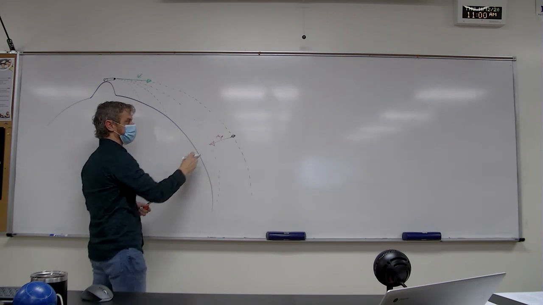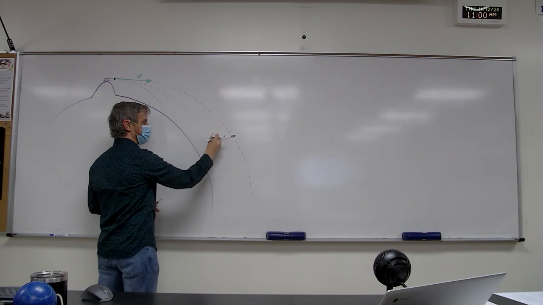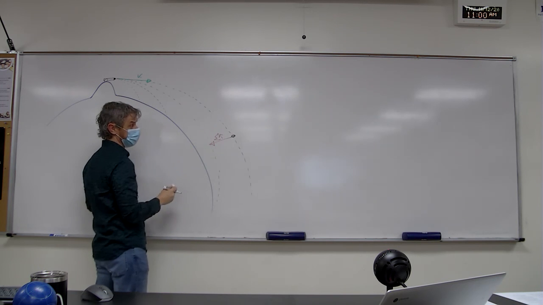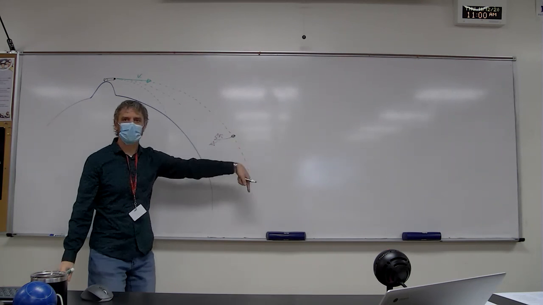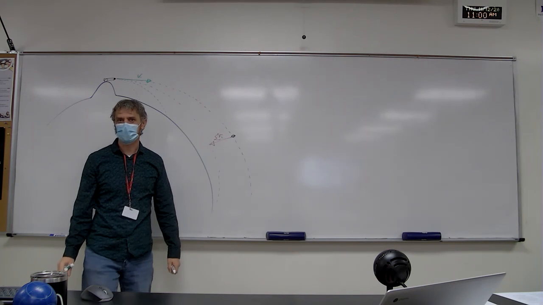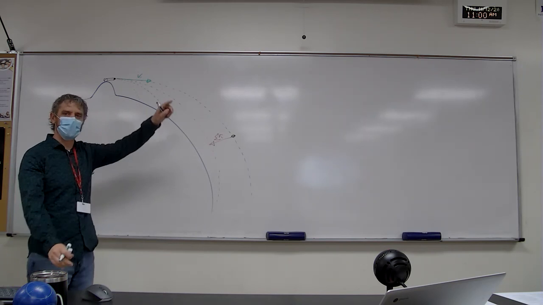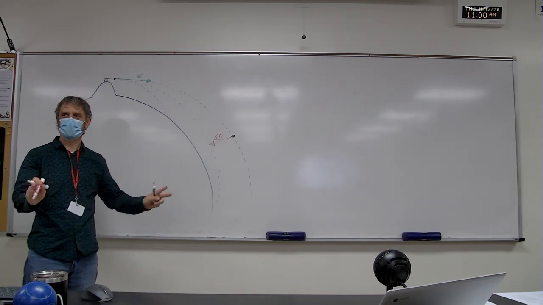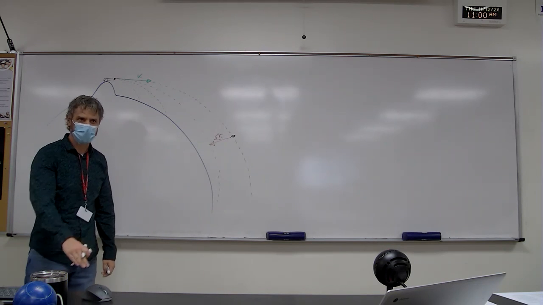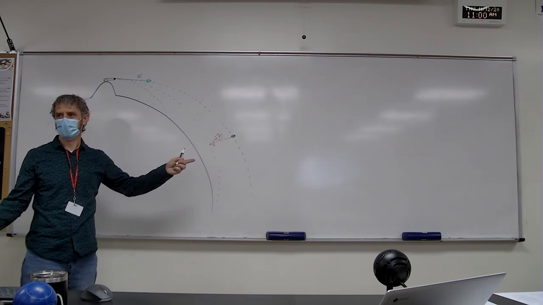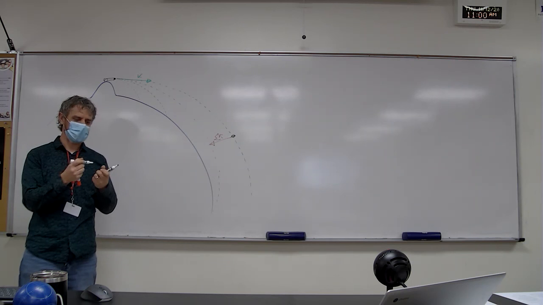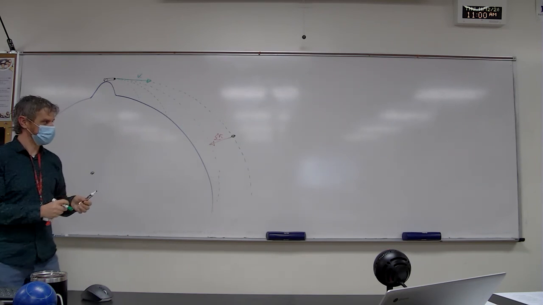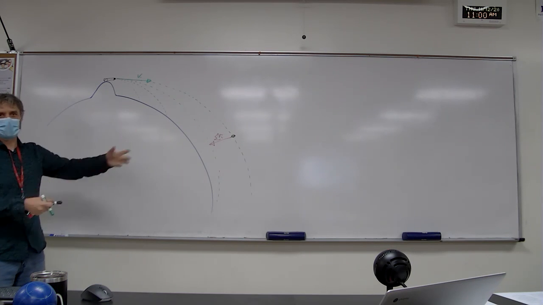That's the net centripetal force too, right? The acceleration is towards the center of the Earth. But because it's moving perpendicular to that centripetal acceleration so fast, the rate at which it's falling is exactly compensated by the rate at which the Earth curves away underneath it, and you're then in orbit, right? And Newton figured that out. He couldn't obviously test it because they didn't have the technology at the time, but that's orbit.